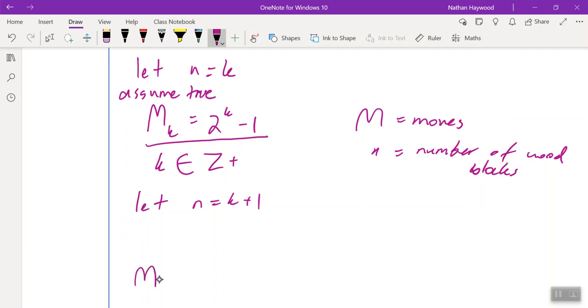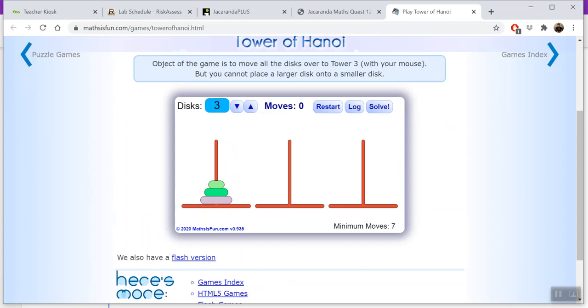I guess what we're going to get is this, but how do we get to that? Any thoughts? How many moves does it take to get 2 blocks? Just 2 blocks? 3, right?